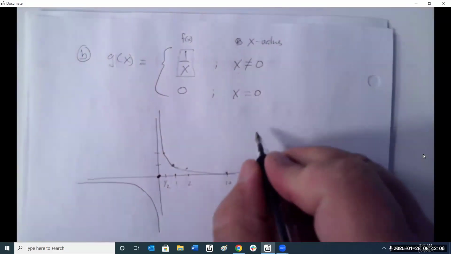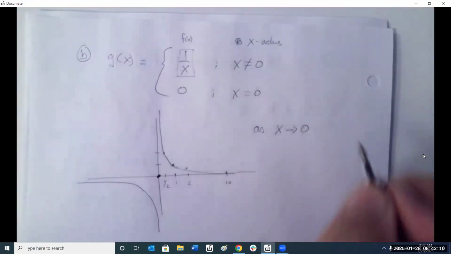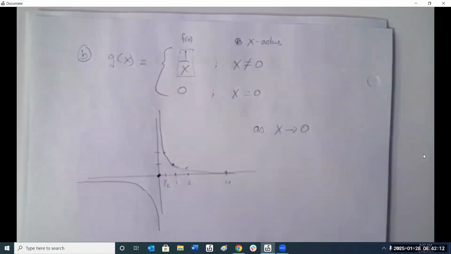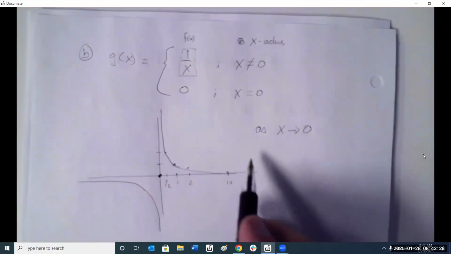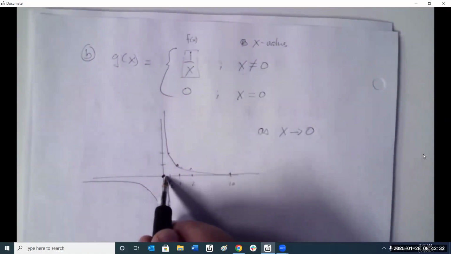So as x approaches 0, because remember all of these we're going as x approaches 0, do we have a limit? From the right-hand side, as it gets closer, closer, closer to 0, what is my y value?